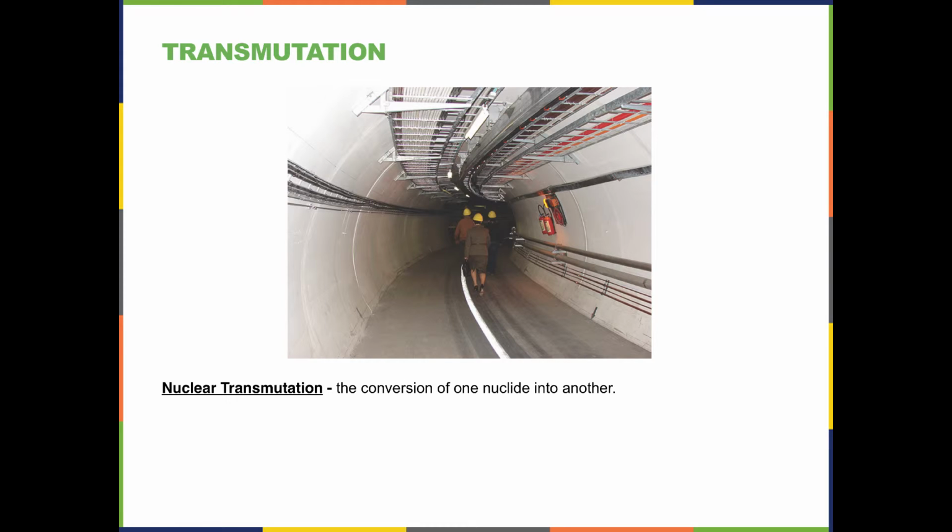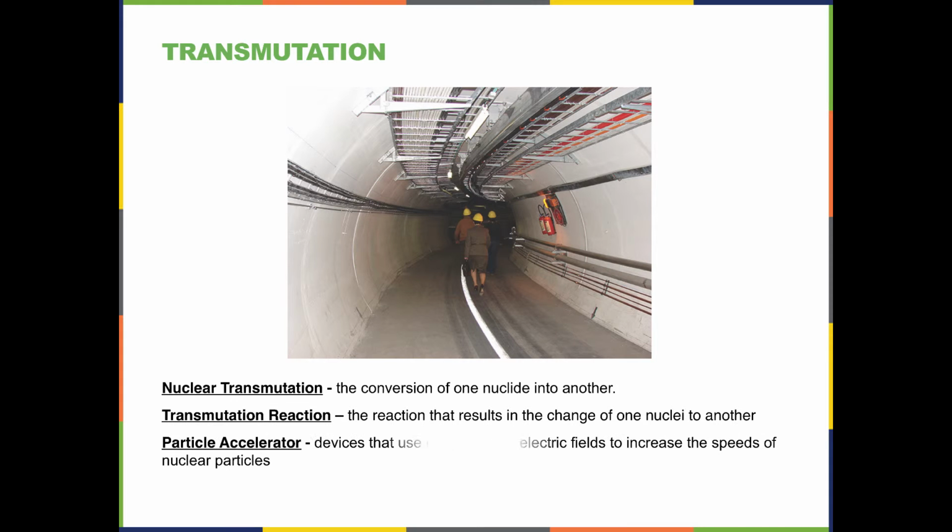Transmutation is the conversion of one nucleus to another nucleus. A transmutation reaction is the reaction that results in the change of one nucleus to another. This is a picture of a particle accelerator, a device that uses magnetic and electric fields to increase the speed of nuclear particles, and these particles are then accelerated and banged into each other in order to cause a transmutation reaction.